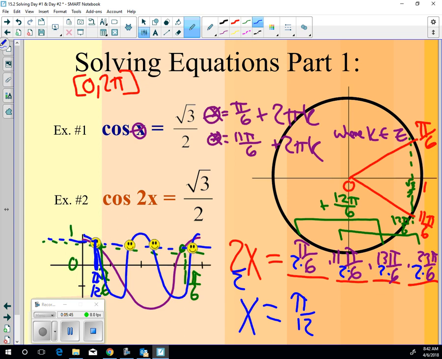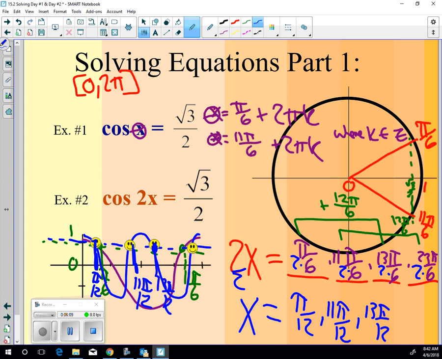The second smiley face is going to be 11 pi over 12, which is about halfway. The third smiley face is going to be 13 pi over 12, which is really close to 11 pi over 12.